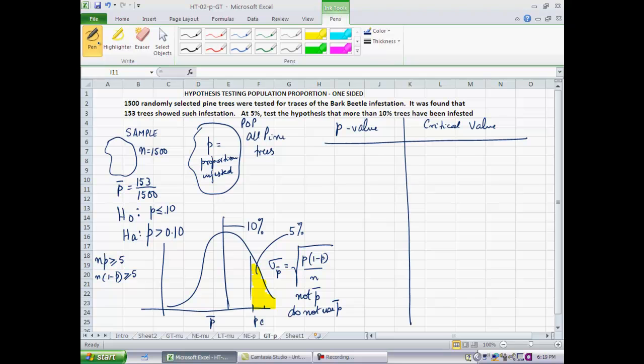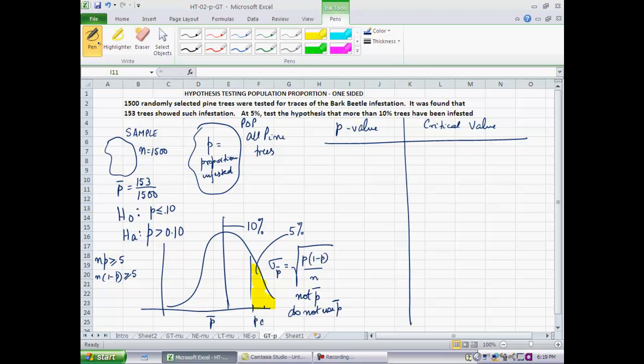We use the sample proportion P bar when we develop a confidence interval for the population proportion. But when we are doing hypothesis testing, we use P. Why? Because all hypothesis testing proceeds starting with the assumption that the null is true as an equality. If the null is in fact true as an equality, then P would be 0.1, 10%.